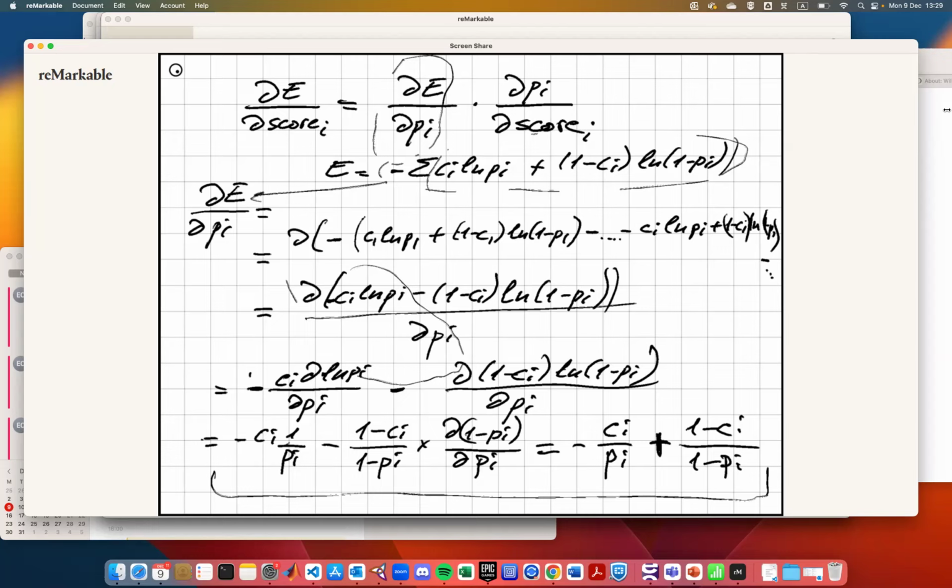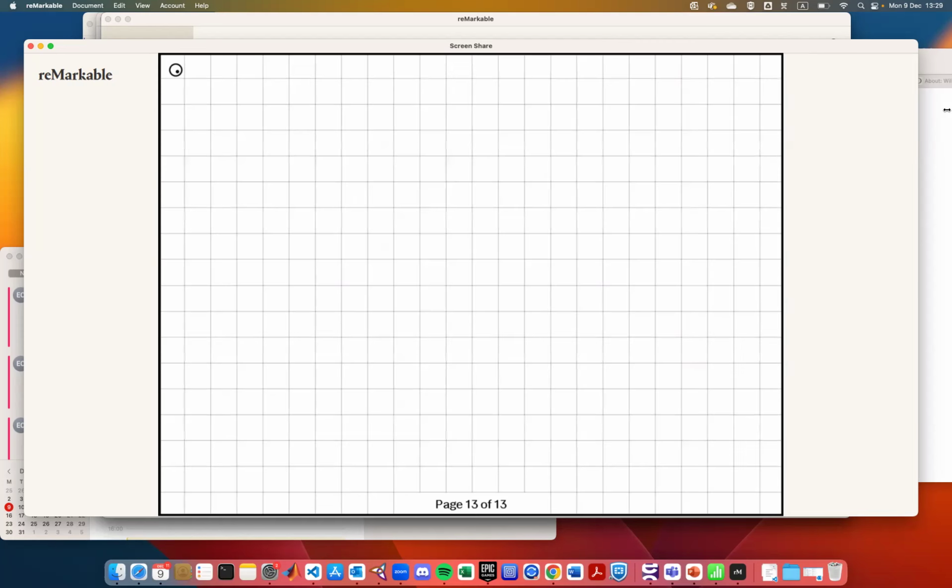So now we need to take the other one, dpi by d score, and multiply them all. This is the derivative of the softmax function with respect to score.